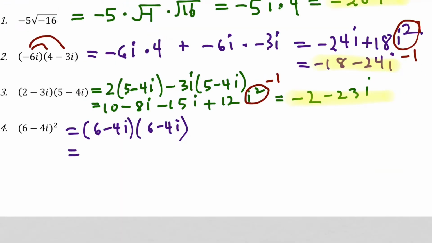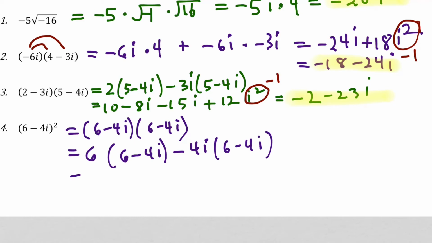So I've got 6 distributed to 6 minus 4i, and then minus 4i distributed to 6 minus 4i again. So I've got 36 minus 24i minus 24i plus 16i squared.